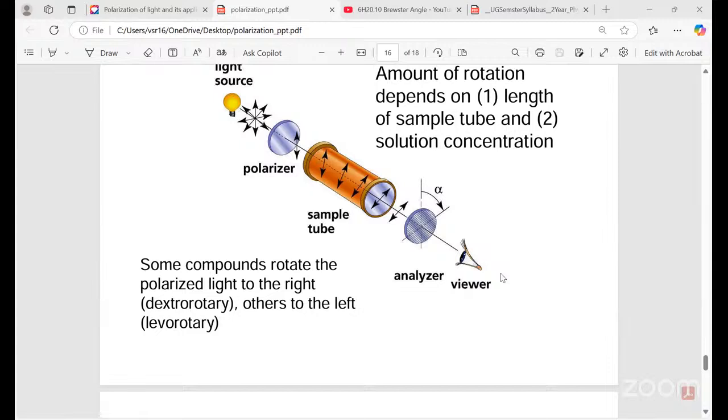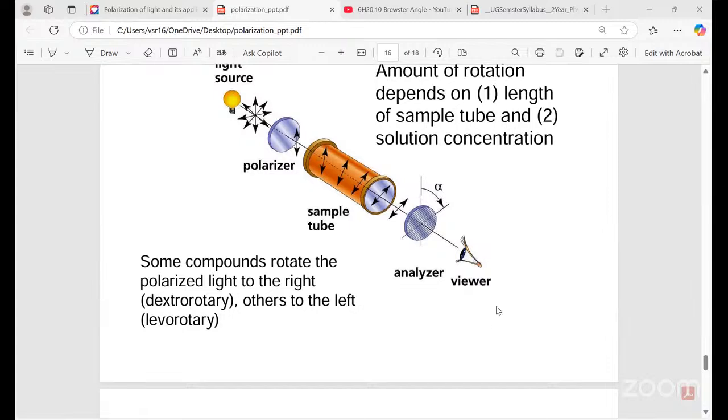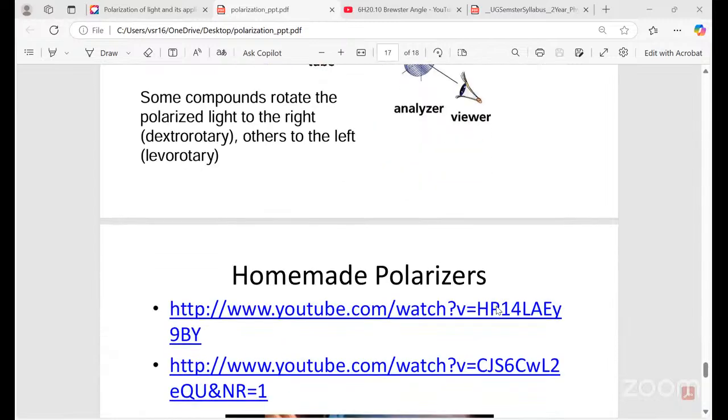Next, some compounds rotate the polarized light to the right, that is dextrorotatory, and others to the left, levorotatory. That is the case.